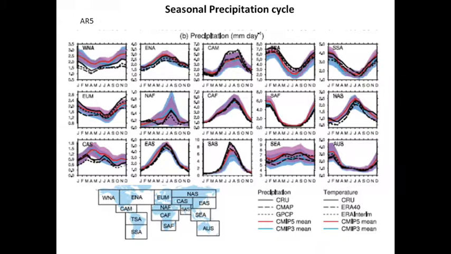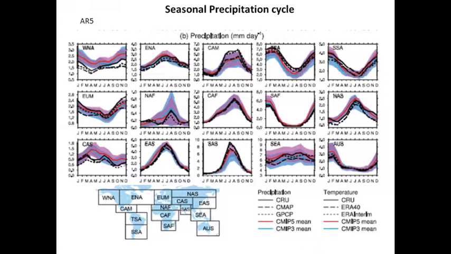But for example, north of Africa, that is here, we can see there are some months where the variability or the cycle is not so good, because in this season or in this month there is a reduction, but the model doesn't get this reduction. So here, for example, CAS is Central Asia.